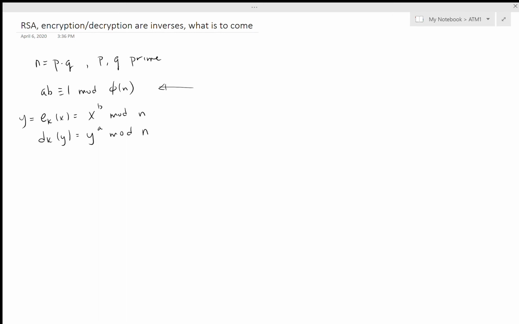That means that there are two numbers s and t so that sa plus tb is equal to 1 mod phi of n. We could find those s and t with the extended Euclidean algorithm. So we're going to start down here. We're going to say ab is congruent to 1 mod phi of n.